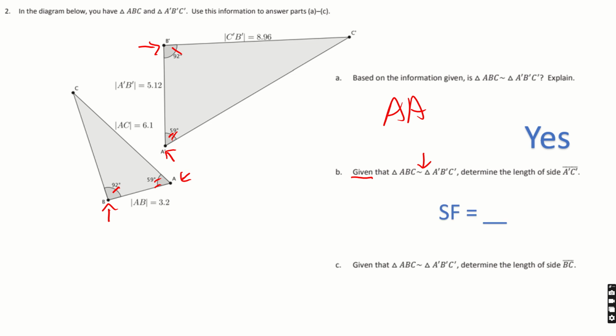And if we're looking for scale factor, again, looking at OG, original geometric design, to the copy, take a look at the OG. It's the one that does not have any primes on it. Only one that I am given here is AB, right? So that's 3.2. And the copy with the primes is 512. So we could find our scale factor going from 3.2 to 512.